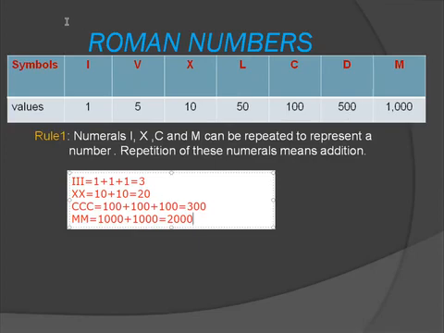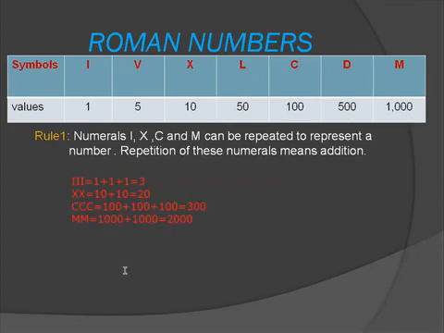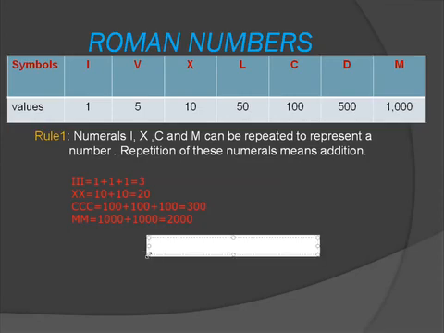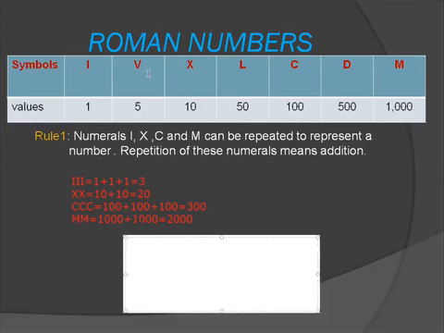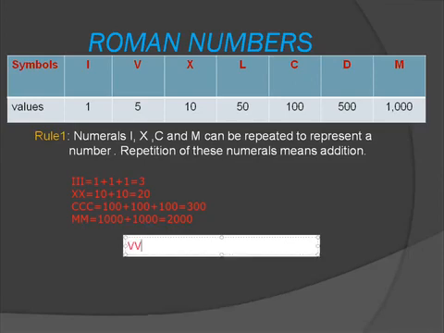Why can't you write this for the remaining numbers? The remaining numbers are 5 and L, these two are left. Now let us see what will happen if you write that. Suppose I write V, whose value is 5.